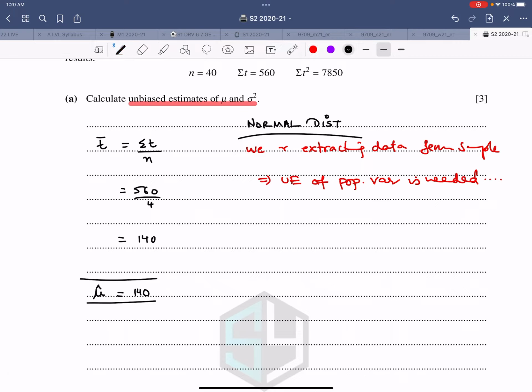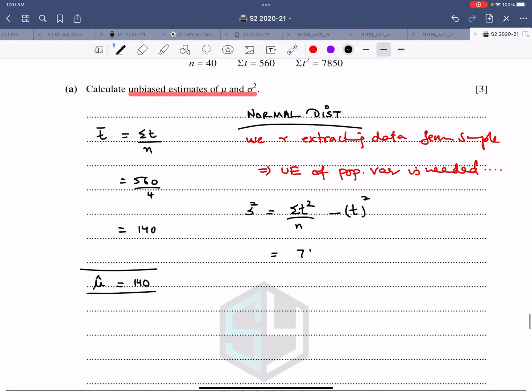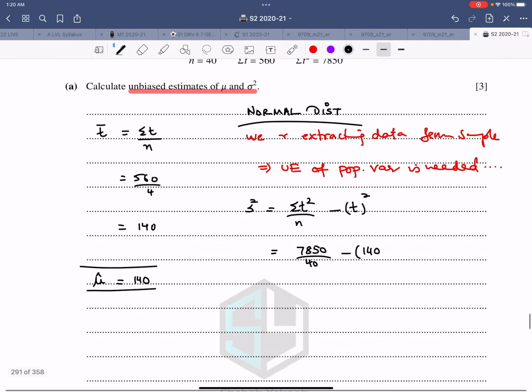So therefore S square is sigma T square over N minus T bar square. So this is 7850 over 40 minus 140 square. Actually, sorry, this is 40, not 4. So therefore the 0 disappears, and over here the 0 disappears.